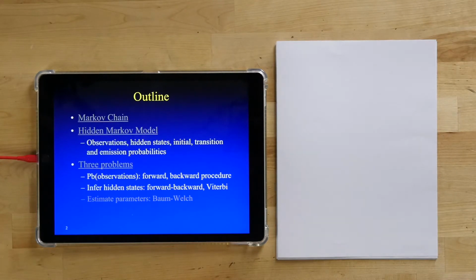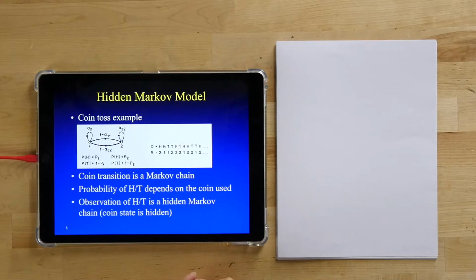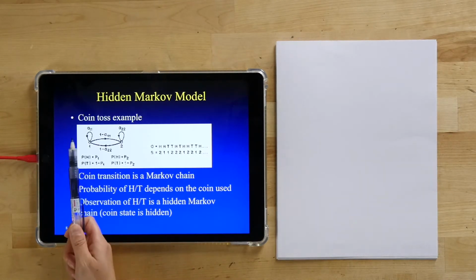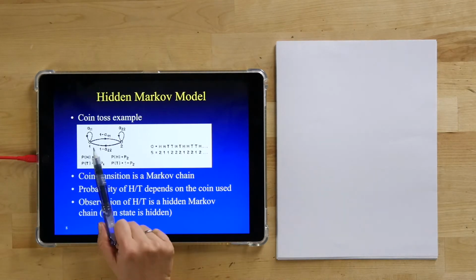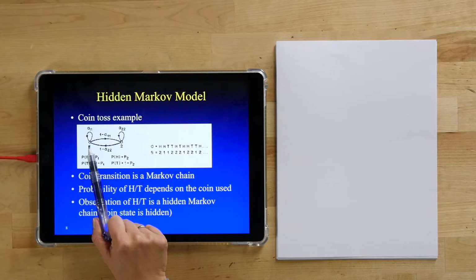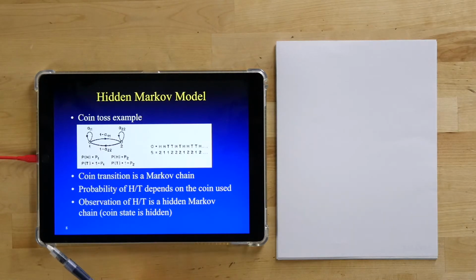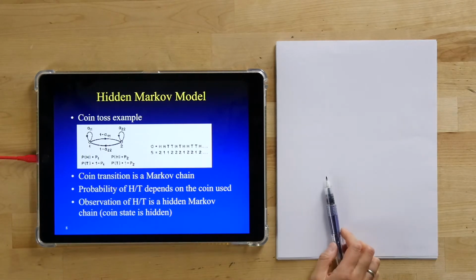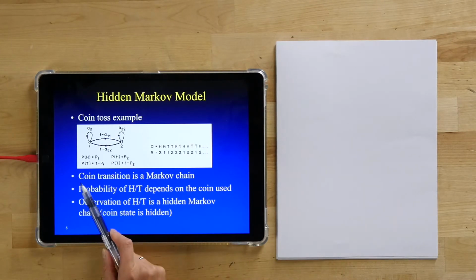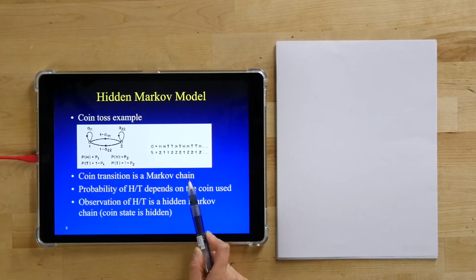What is a hidden Markov model? So hidden Markov model is different in that we still have this coin flip example. There is a fair coin, which in this case is 1, and an unfair coin, which in this case is 2, and we're switching back and forth to do coin flips using different coins. So the coin transition is a Markov chain.